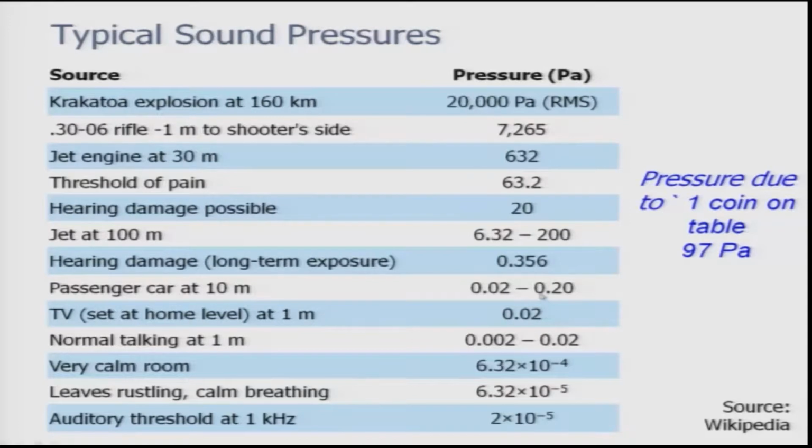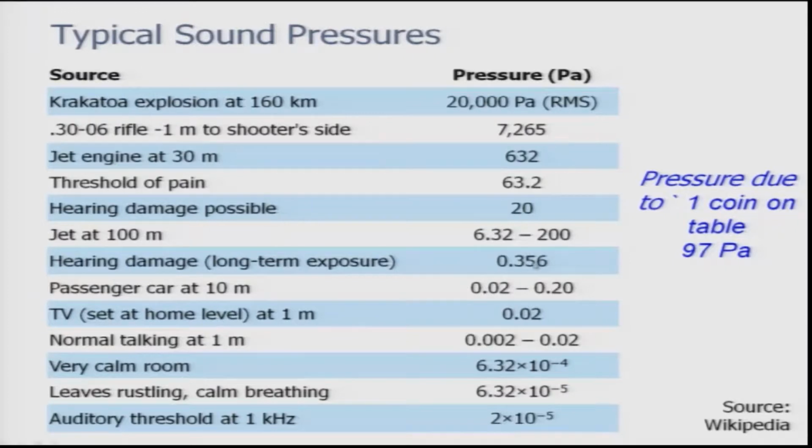Okay. If you are on a road and there is a passenger car, just a regular car going away at normal speed and it is 10 meters away from you, it may be generating pressures in this range, 0.02 to 0.2 pascals. If our ears are exposed to pressures more than 0.356 pascals, okay, continuously on a regular basis, they may get damaged.